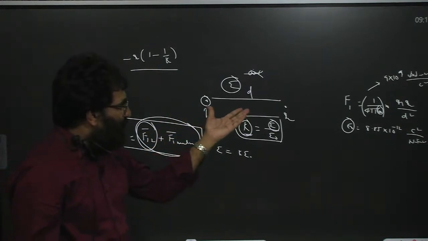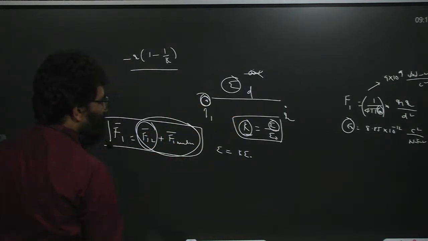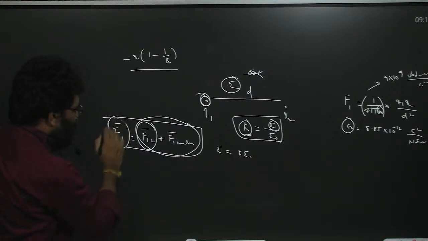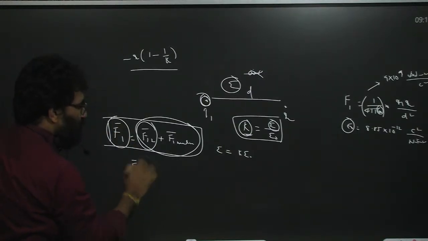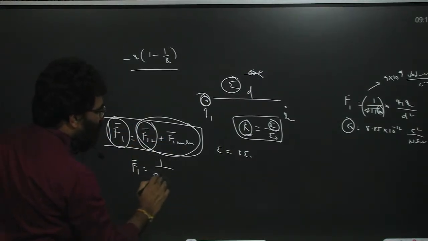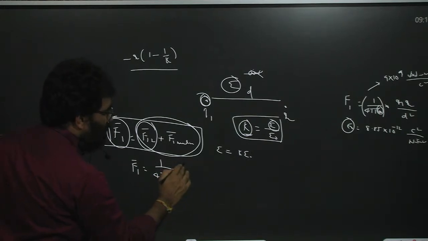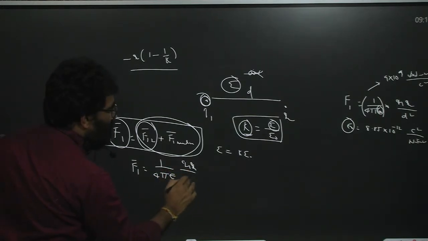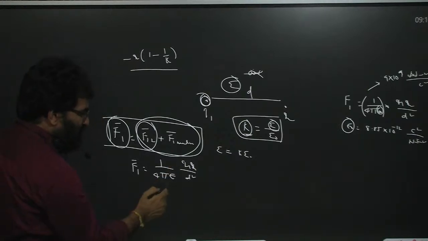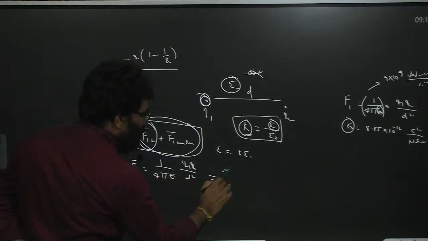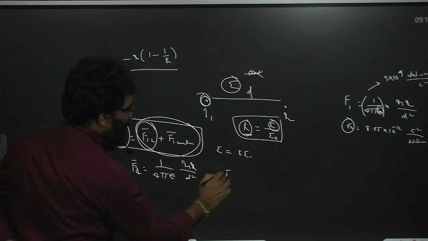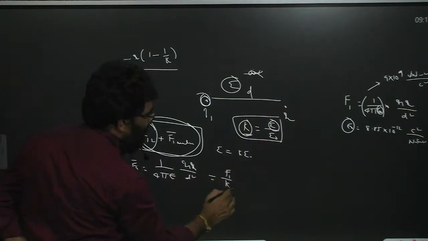Now, what is the net force on a charged particle when we replace the medium? So F1 must be equal to what? Total net force is equal to 1 by 4 pi epsilon q1 q2 by d square. You remember this one? So just replace this: F1 is F naught by k times.